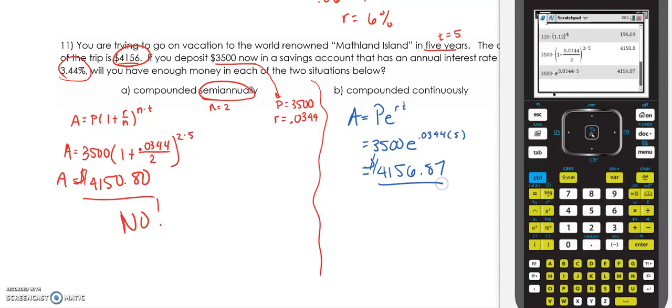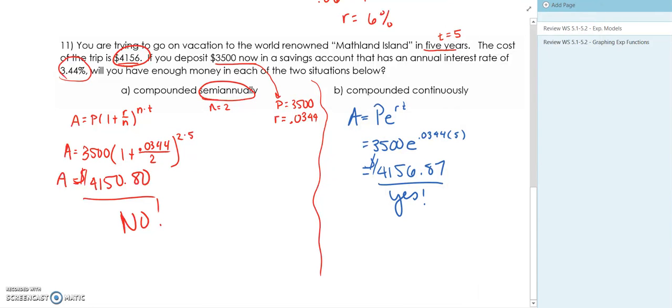So do we have enough? Yes. So in this situation, when it's compounding continuously, we do have enough. We have 87 cents to spare. Maybe go buy some gum if it's on sale. So that's what we have going on for the modeling for exponential growth and decay.